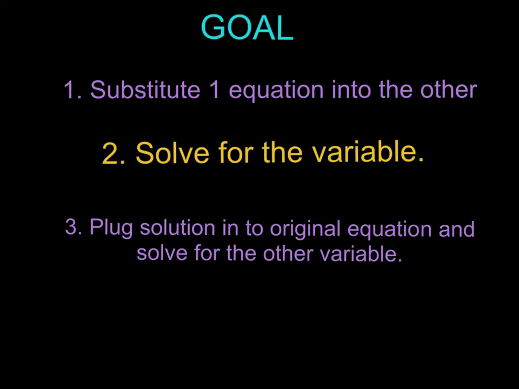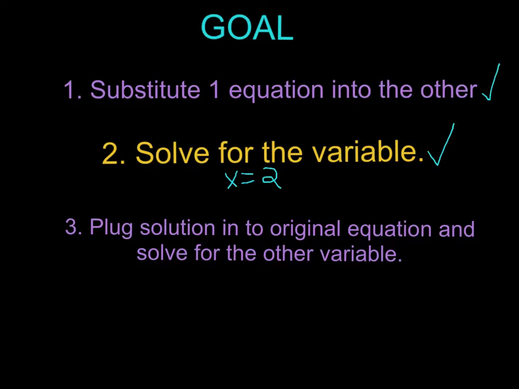So the goal, or the steps that we will follow to use substitution: we're going to substitute one equation into the other, because remember, a system means two equations. After you substitute one in for the other, you only have one variable left and you're going to solve for the variable. Let's say you end up solving for x.